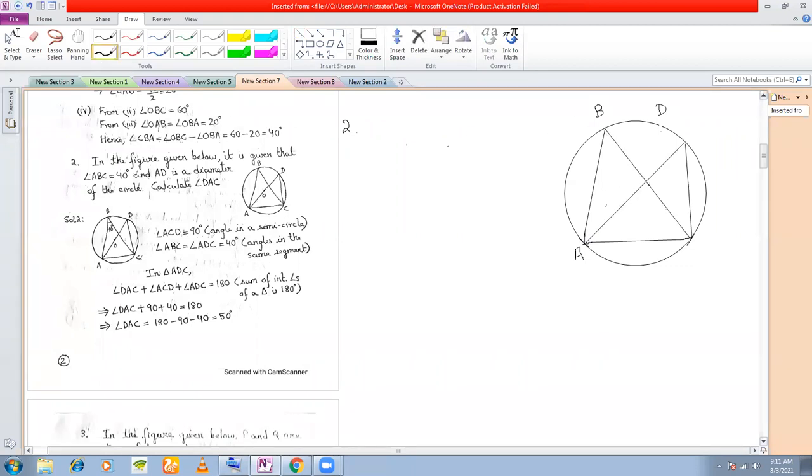Now this center is given to be somewhere over here. This is the given figure.